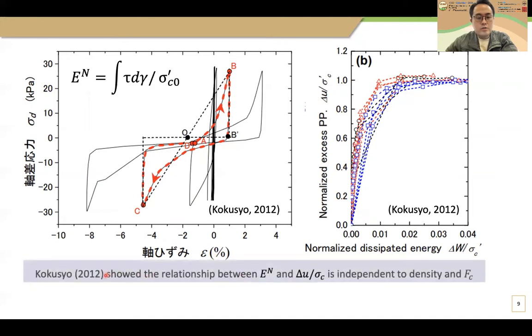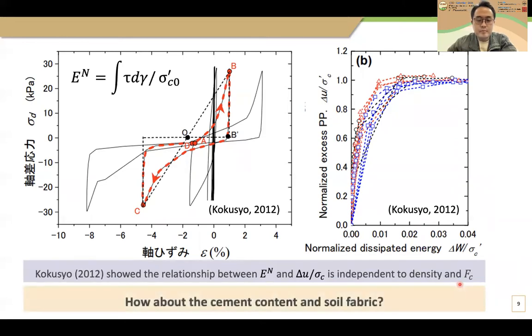And then Kokusho in 2012 showed that the relationship between the normalized dissipated energy and excess water pressure ratio is independent of density and fines content. But a new question arises. How about the cement content effect and the soil fabric effect?